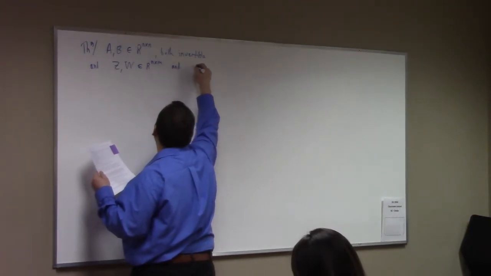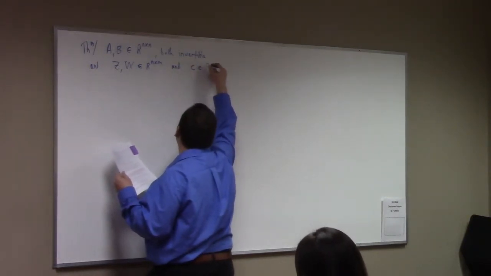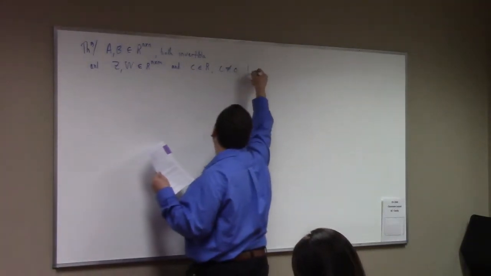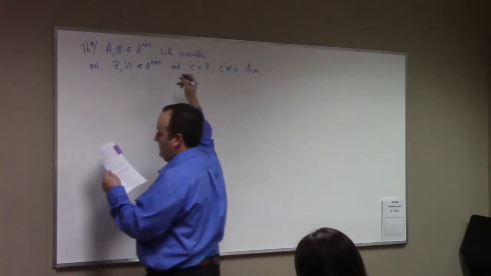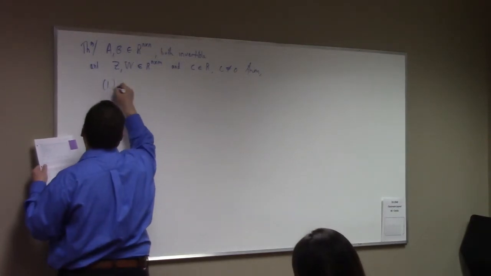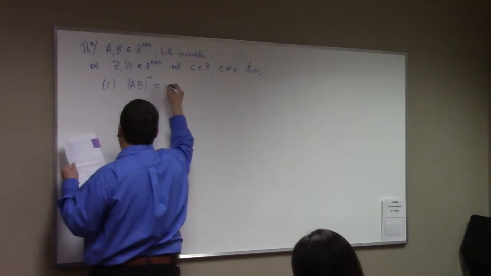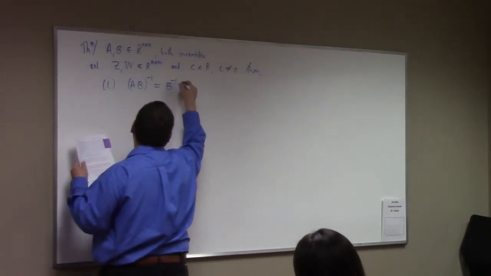And C, a scalar, non-zero, all right? Then here's some things we know. Number 1, we have the socks-shoes property again. AB inverse is equal to B inverse A inverse.